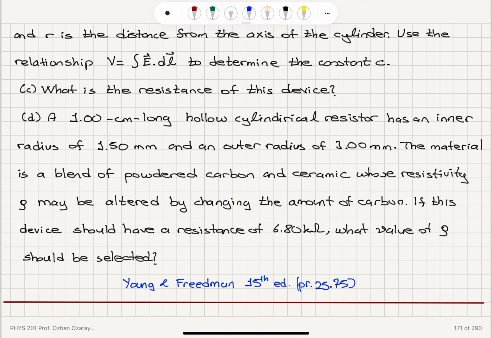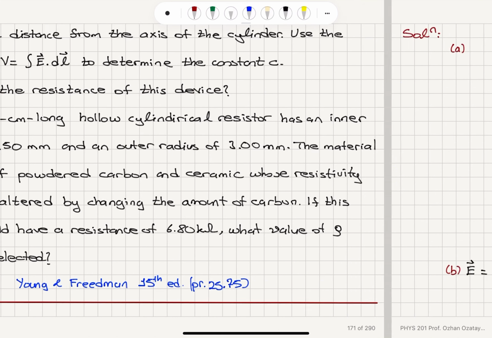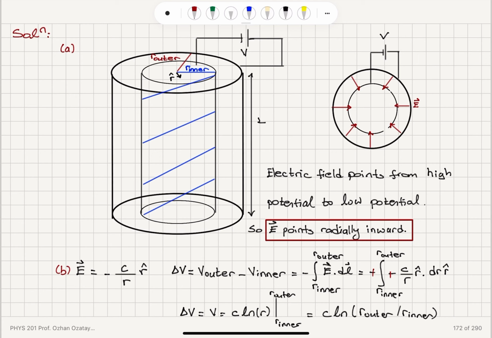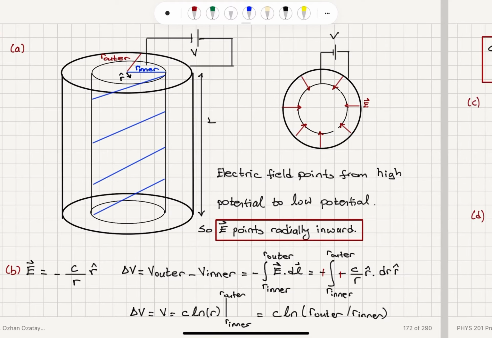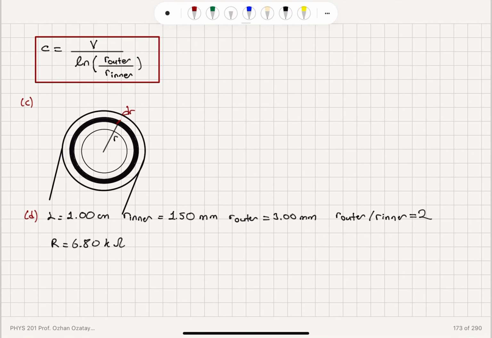Part C. What is the resistance of this device? You can see the current will flow radially inward from high potential to low potential, in the direction of the electric field. If I look at the top view here, I have the core conductor and the outside conductor.